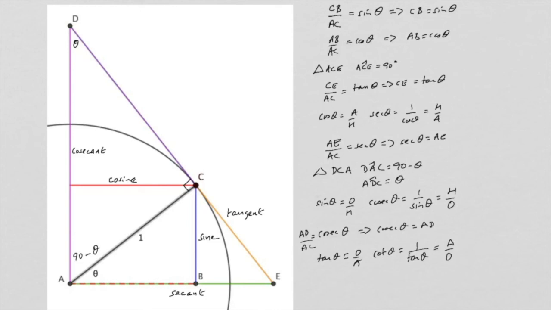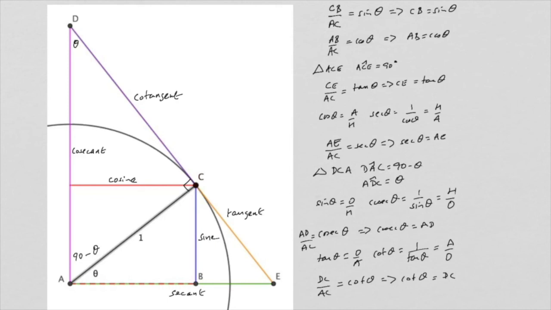And in the triangle DCA we have the adjacent is DC, so we have DC over AC, which is the opposite, and that's equal to cot theta, which tells us that cot theta equals DC, since yet again AC is 1. And that means this purple section is the cotangent.